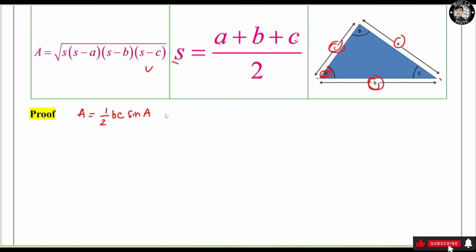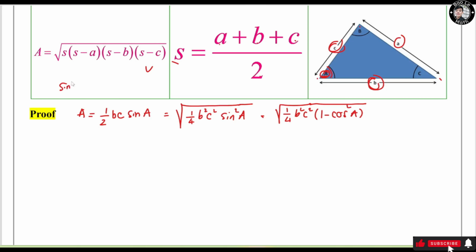So this can be written as the square root of 1/4 b squared c squared sine squared of angle A, and it's the square root of 1/4 b squared c squared times (1 minus cosine squared of angle A), because sine squared of A plus cosine squared of A equals 1.